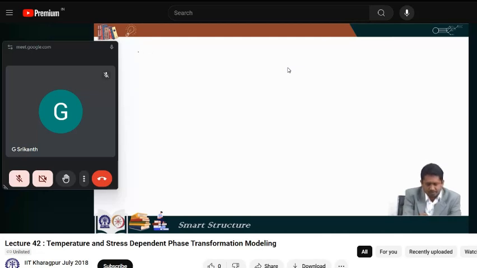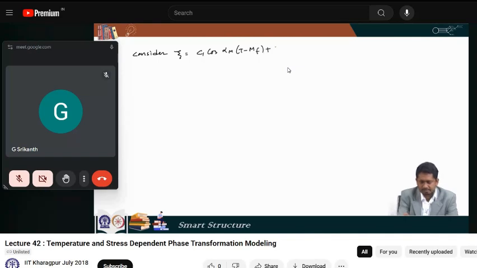So what we do is we consider xi to be a function like this. So it is C1 cosine alpha m (T minus MF) plus C2, and this is for austenite to martensite transformation.